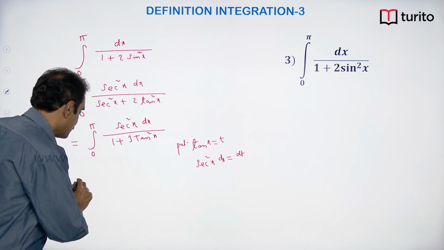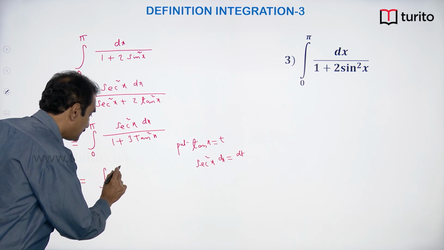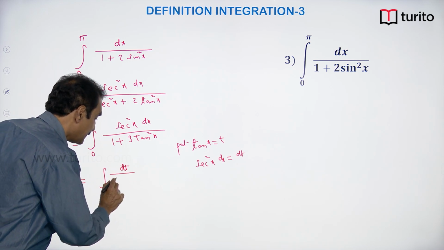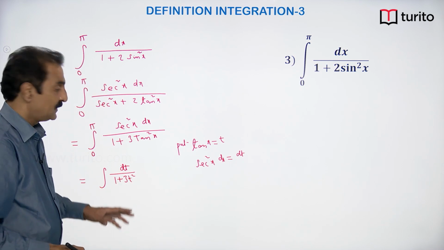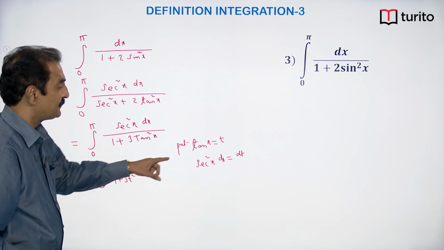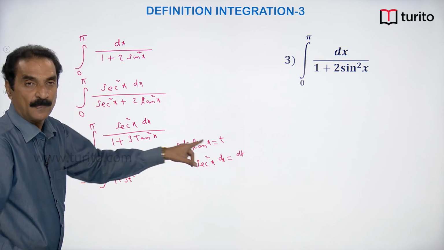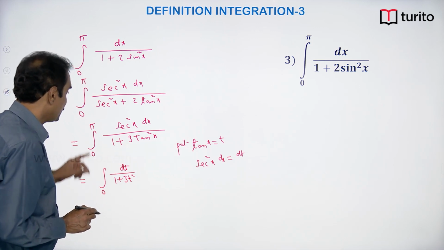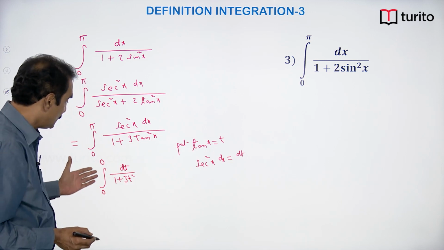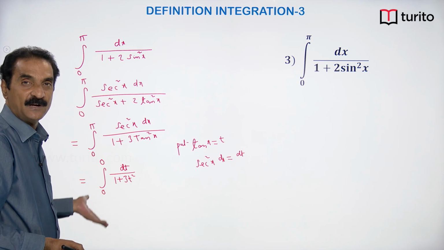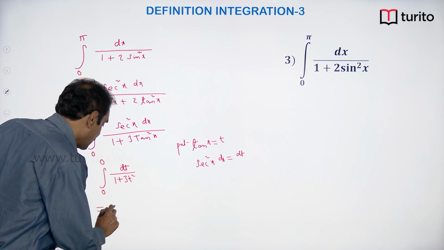So this becomes integral dt by 1 plus 3t square. Now calculate the new limits. If x is equal to 0, tan 0 is 0. If x is equal to pi, tan pi is 0. What are you getting? If the limits of the definite integral are equal, the integral is 0.